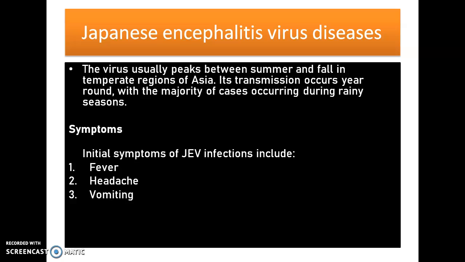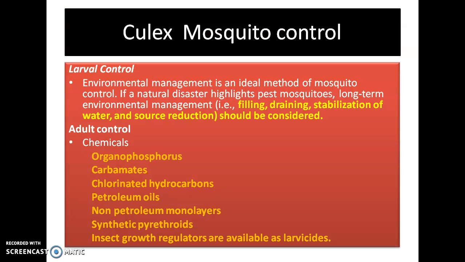The main symptoms are fever, headache, and vomiting. If a person has these three symptoms, we can assume that the person might be affected by this viral disease. So this is the economic importance of the Culex mosquito, which spreads Japanese encephalitis virus.